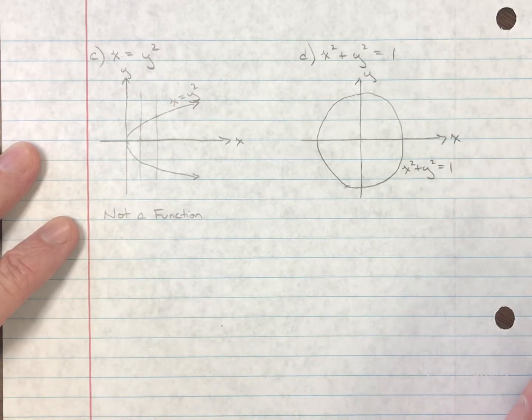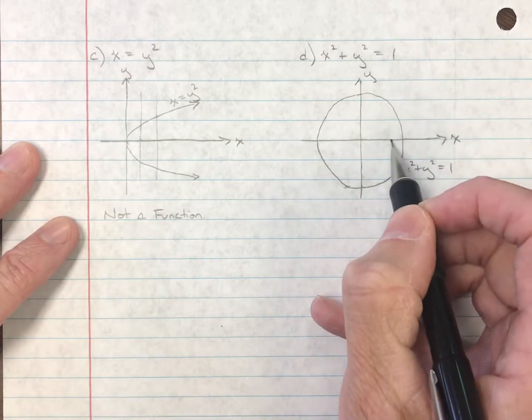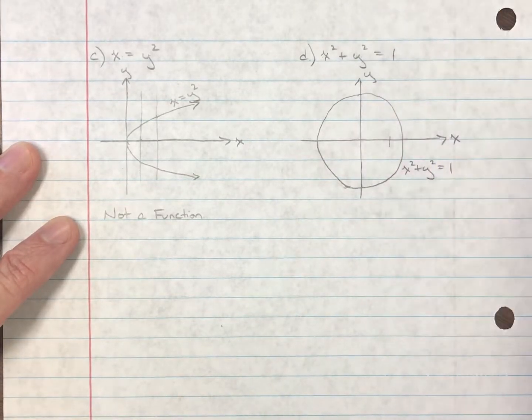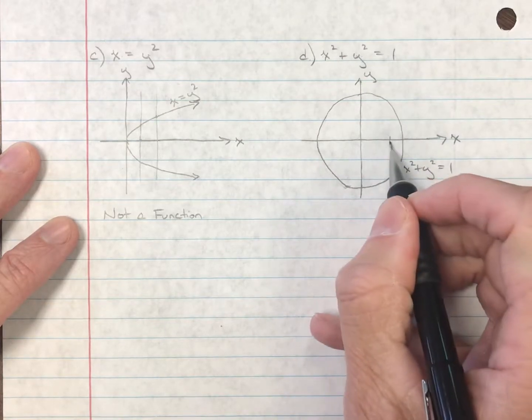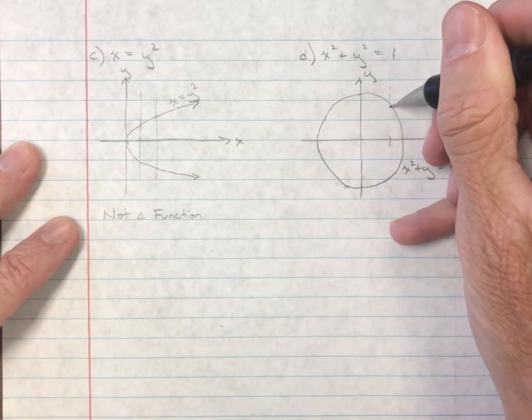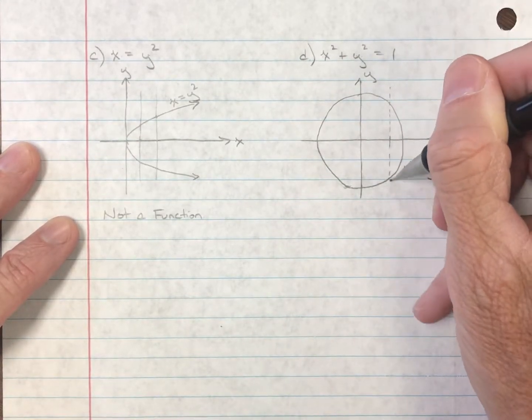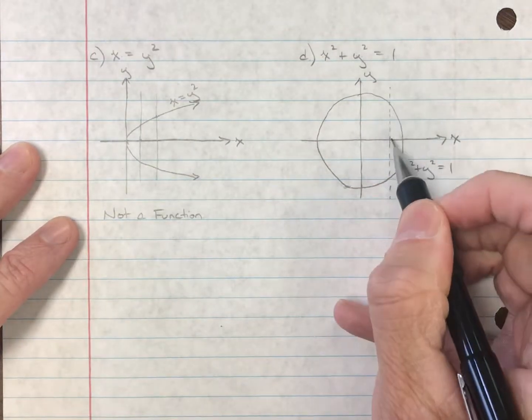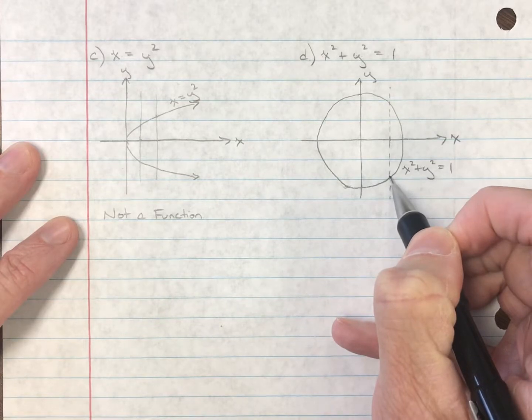Does every x value have one and only one y value, exactly one y value? Well, no. If I select this x value right here, let's say it's 3/4, this x value has two y values. It corresponds to this y value, and it corresponds to this y value.